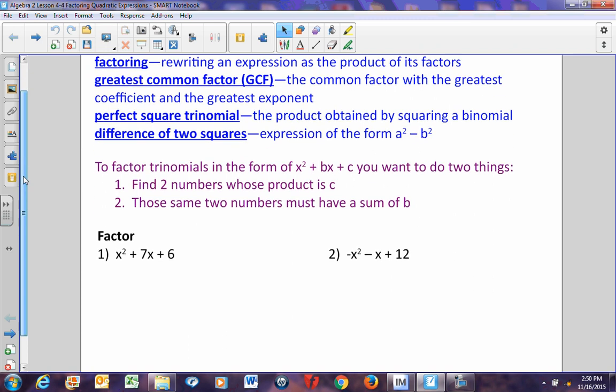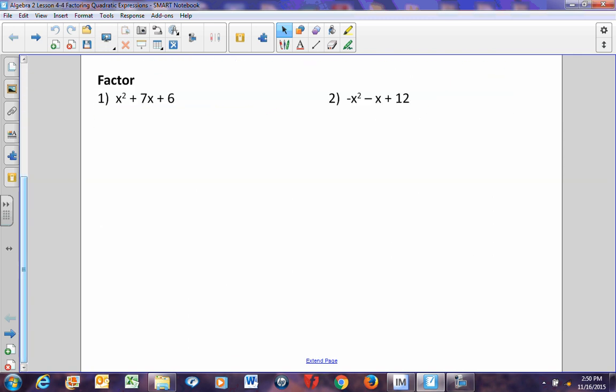So we're going to look at our first equation here. If you remember doing this when you were in Algebra 1 with me, okay? We need two numbers whose product is the same as 6 times 1, because the number in front of x squared is 1. And we need a sum of 7. So two numbers who multiply together to get 6, and add together to get 7, which would be 6 and 1.